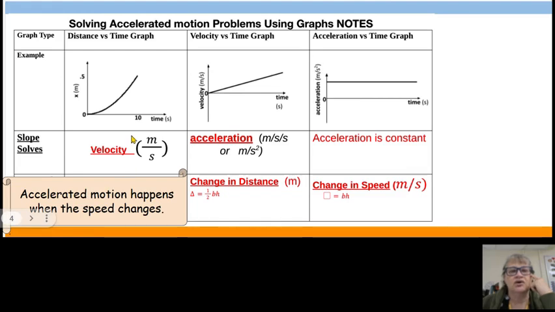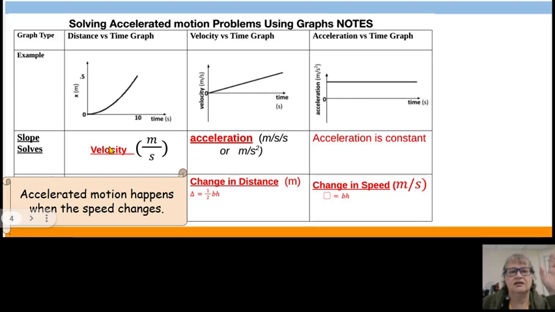On your distance-time graph, remember the slope was the velocity? Well, this is still the velocity, but when you're looking at the slope of the line, you're looking at the tangential slope. So a line tangent to, or just hitting, one of the dots of the line, that is your instantaneous velocity.